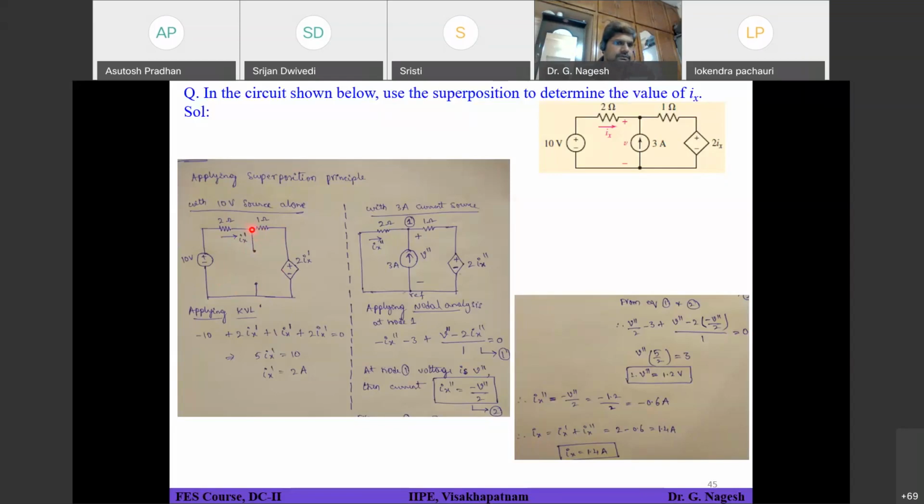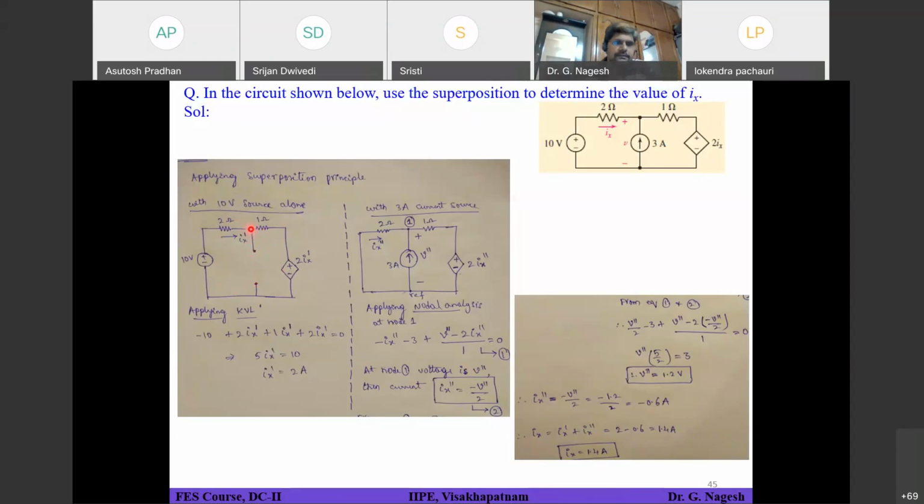If you could get that, then no issue. You can apply KVL for open circuit, but you should know the voltage at that particular point. If you say this is open circuit, I know the voltage at this point, na?